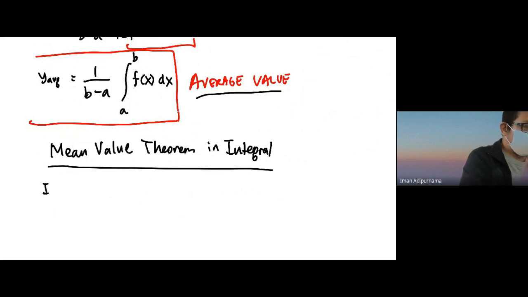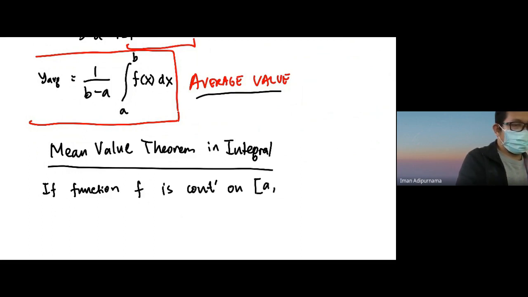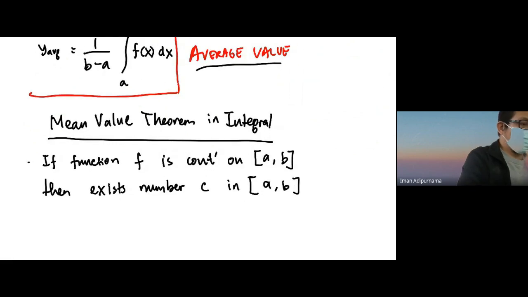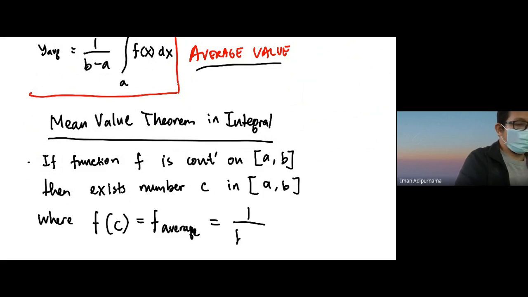This theorem says that if function f is continuous on an interval [a, b], then there exists a number c in this interval [a, b] where f(c) is equal to f average, equal to 1 over b minus a times the integral, our average value.